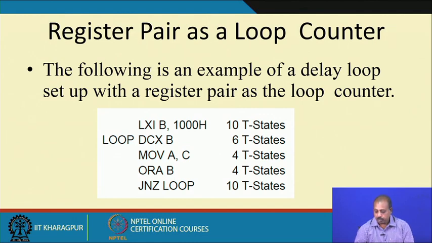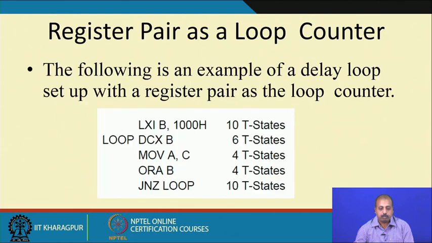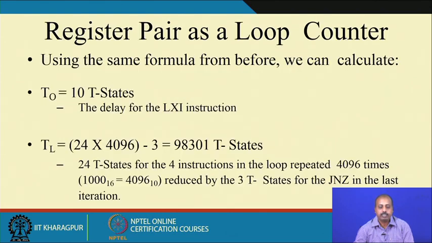Once you know this, in a similar fashion you can calculate the total number of clock cycles. TO, the delay introduced by the instructions which are not in the loop, is due to the LXI in this example, so that is 10 T states. Then inside the loop, we have loaded 1000 hex, which corresponds to 4096 in decimal.